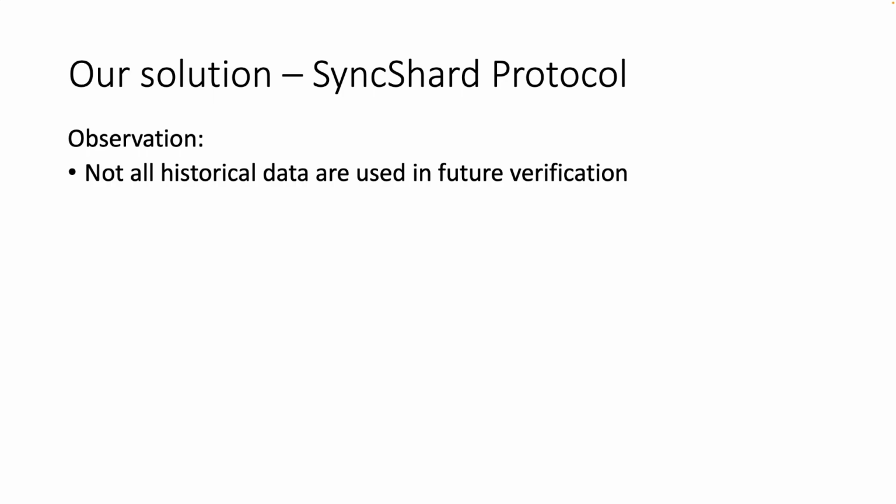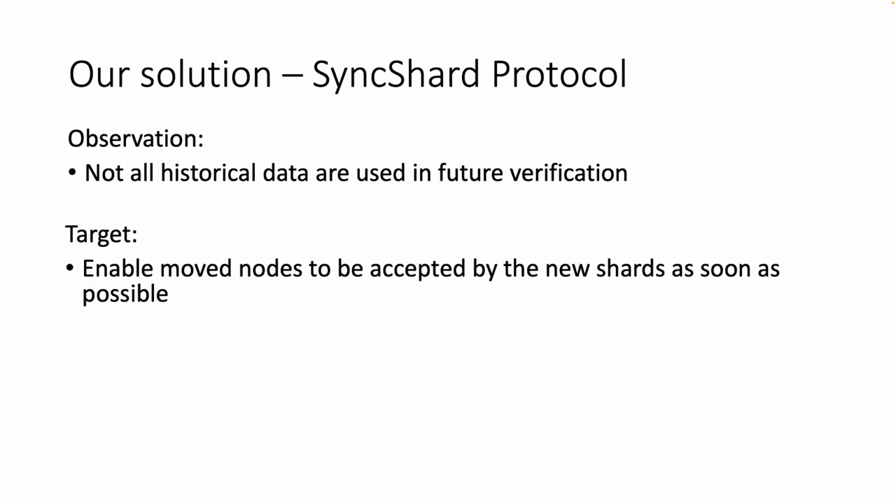For example, some data may be out of date, or some data may be useless and would never be used in future transactions. This means we can synchronize only some of the data in order to make the moved nodes be accepted by the new shards. So our target for this protocol is to enable moved nodes to be accepted by the new shards as soon as possible.